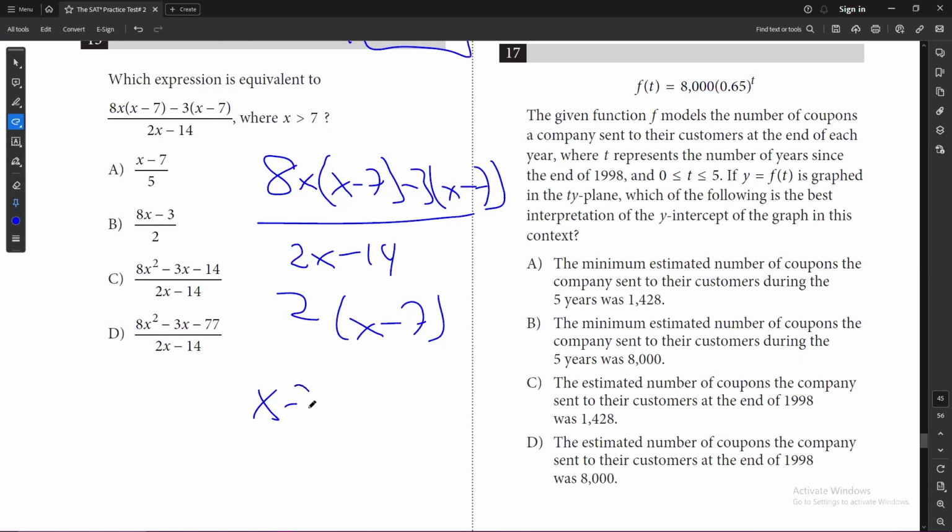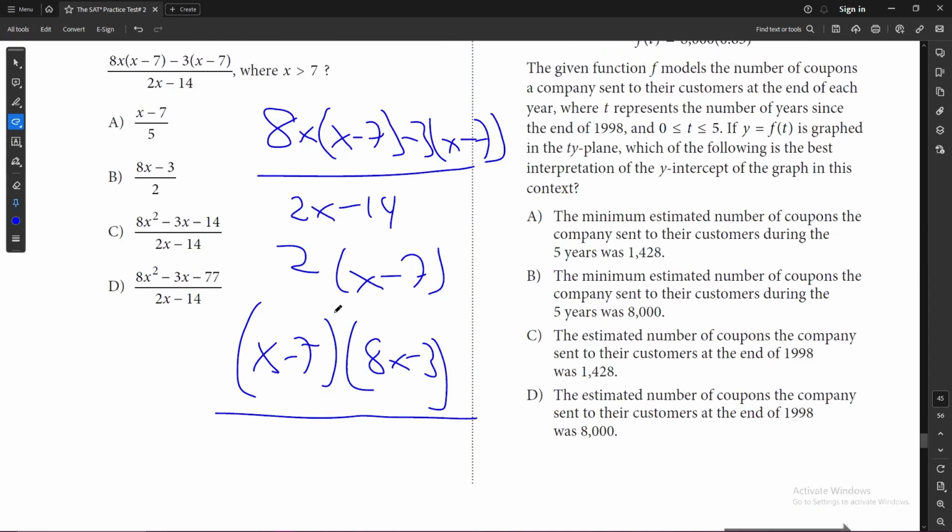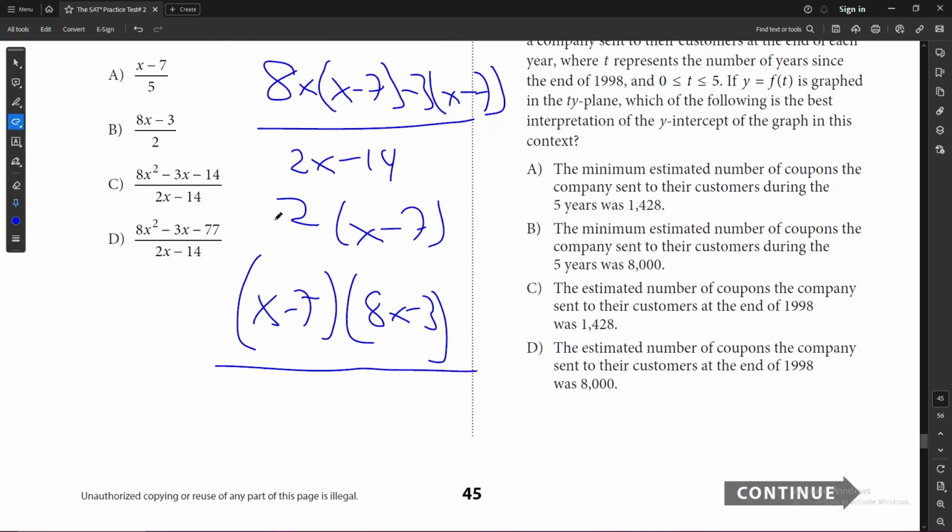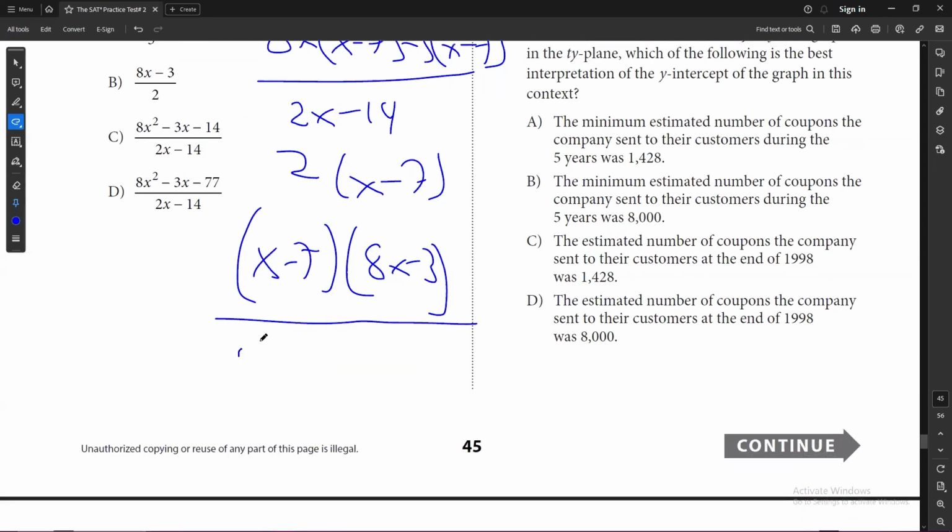So I can factor this one out, and x minus 7 times 8x, which is the coefficient of this x minus 7, and also negative 3, which is also the coefficient of this x minus 7. This is going to be my top, and as I showed, my bottom is 2 times x minus 7.